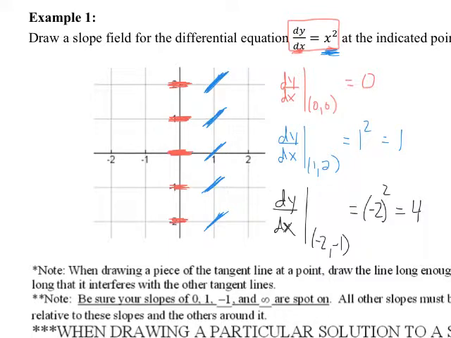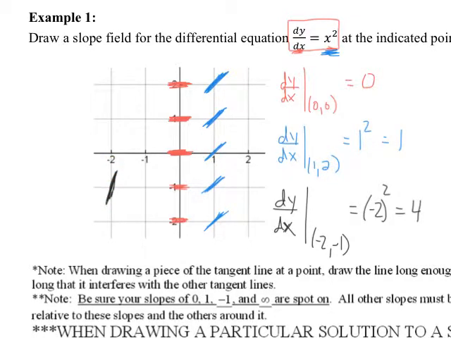So 4 is a steep line, and, oops, I drew that at the wrong spot. (-2, -1) is right there. And this line is steeper than the slope of 1. It doesn't have to be perfect, but relatively you want to make sure that you show it steeper than 1.